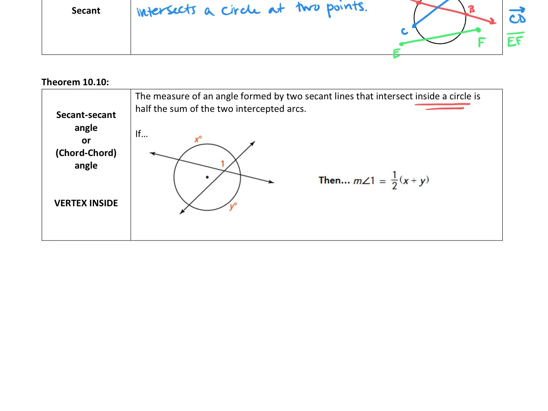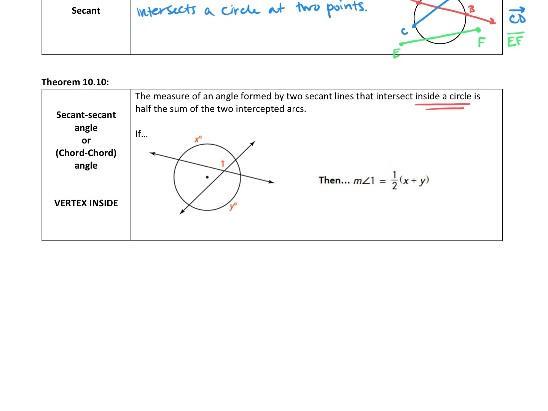All right, so here's a picture of what we're talking about. We have our circle. We have two secant lines like this. They're intersecting. When they intersect, they form four angles. We're going to focus on angle 1 right here. When these lines intersect, you can see that we form 1, 2, 3, 4 arcs.